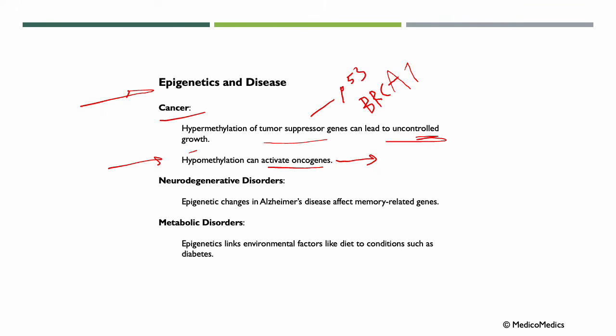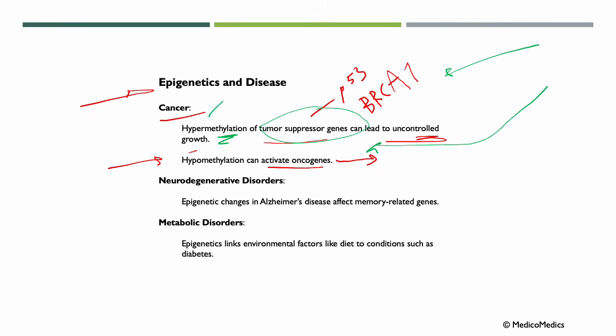Methylation-based therapies, for example, can help treat cancer by reversing abnormal DNA methylation patterns that silence these tumor suppressor genes or that activate oncogenes. So we have, for example, DNA demethylation agents like decitabine, I think it's called, and these reactivate these tumor suppressor genes by removing excess methylation, right?